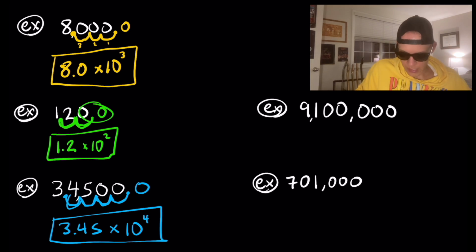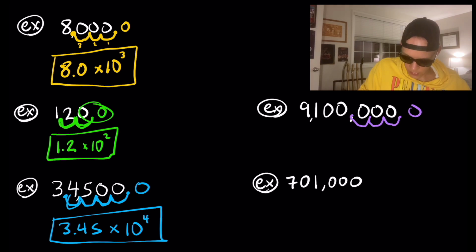All right, 9,100,000. Again, find your decimal place. That's going to be over here. Stick a 0 to the right if I want. And then I'm going to move this decimal place to the left until I get a number that's between 1 and 10. So 1, 2, 3, 4, 5. If I put it there, I'll have 91.000000.